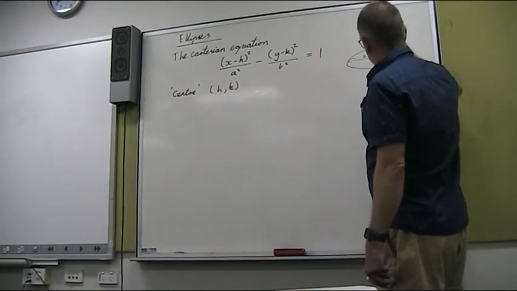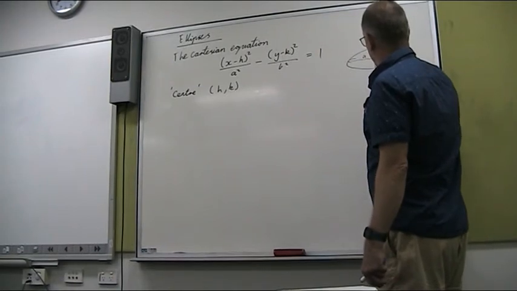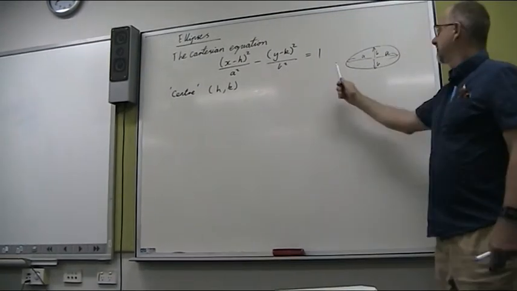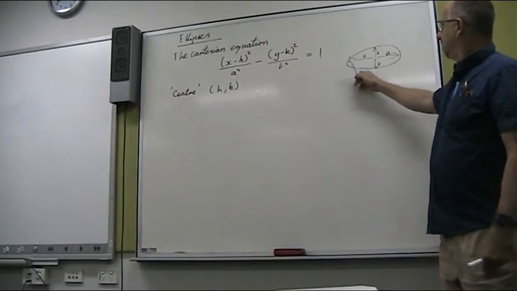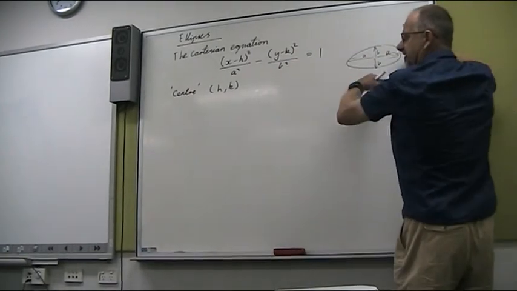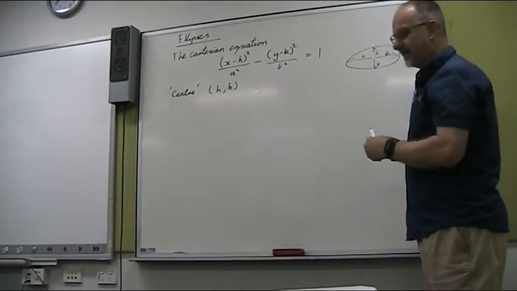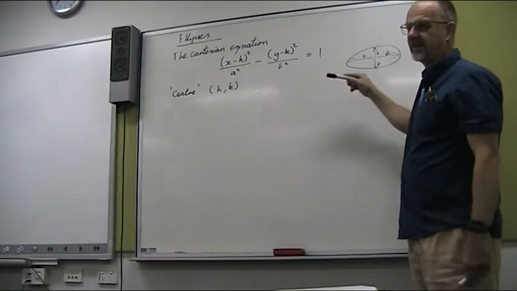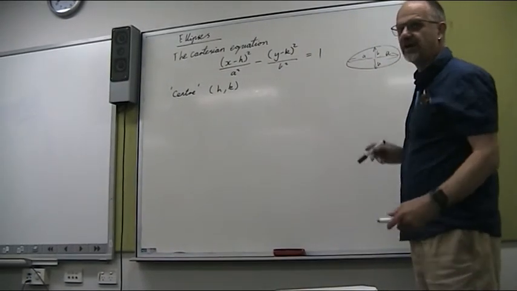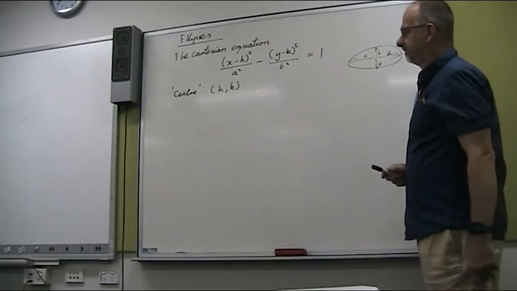And in the y direction, we would go a certain amount, and the amount we go is this b. So as you can see, it depends how stretched horizontally and vertically it is, and so that's what we're calling our semi-minor and our semi-major axes.